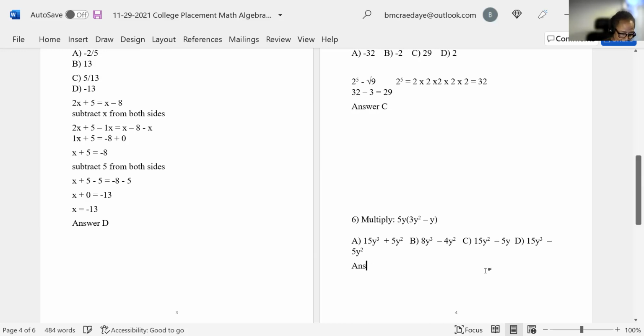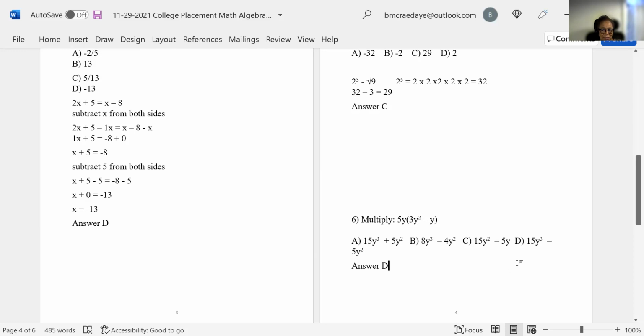C. What was your first answer? D. Why did you change it? D is correct, Maureen. Because 5y times a minus y, remember you add the exponents, so that's y to the 1. That's y to the 1. That's how you get 5y to the second power.